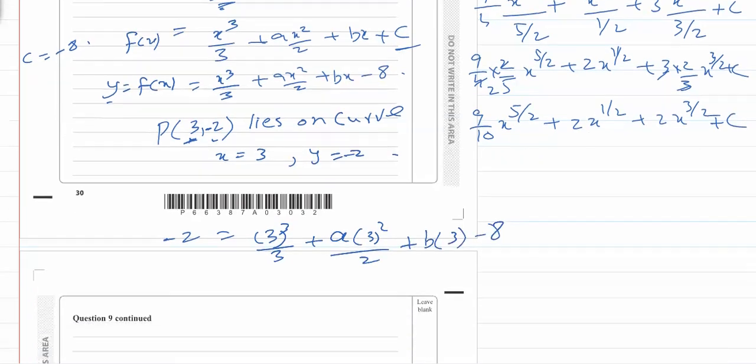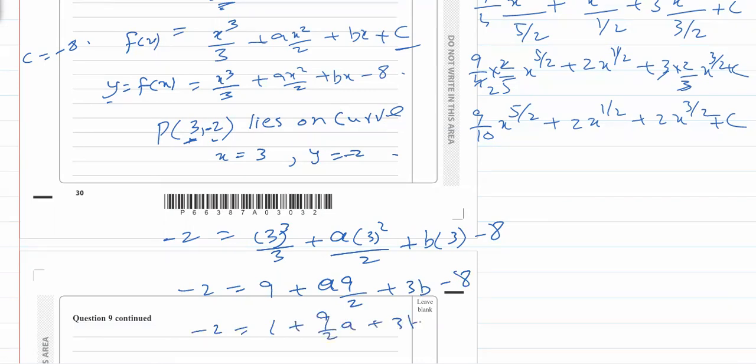So what I will get? -2 is equal to, that will be 9, if you simplify that one, 3 power 2 is 9. So from here I will have a into 9 over 2 plus 3b minus 8. So -2 will be equal to 9 minus 8 is 1, plus 9 over 2 a plus 3b.